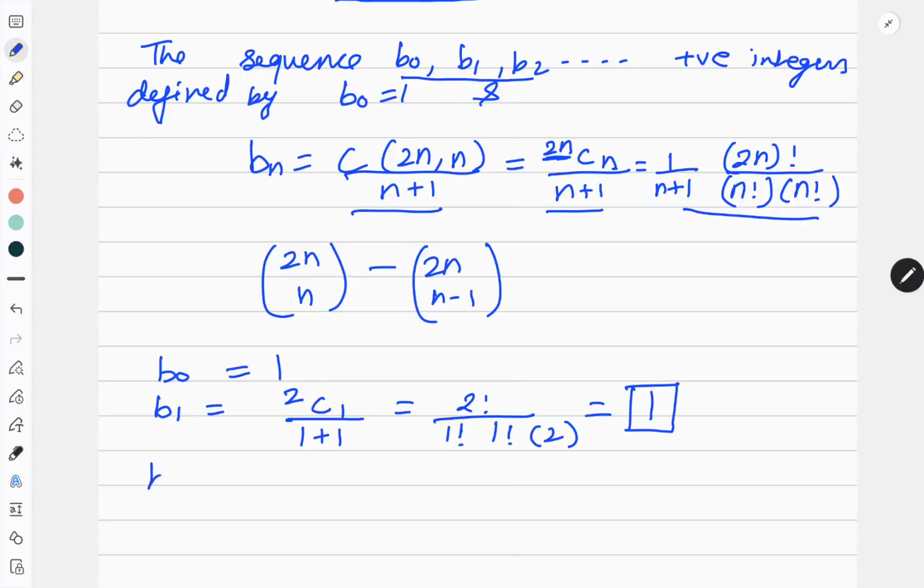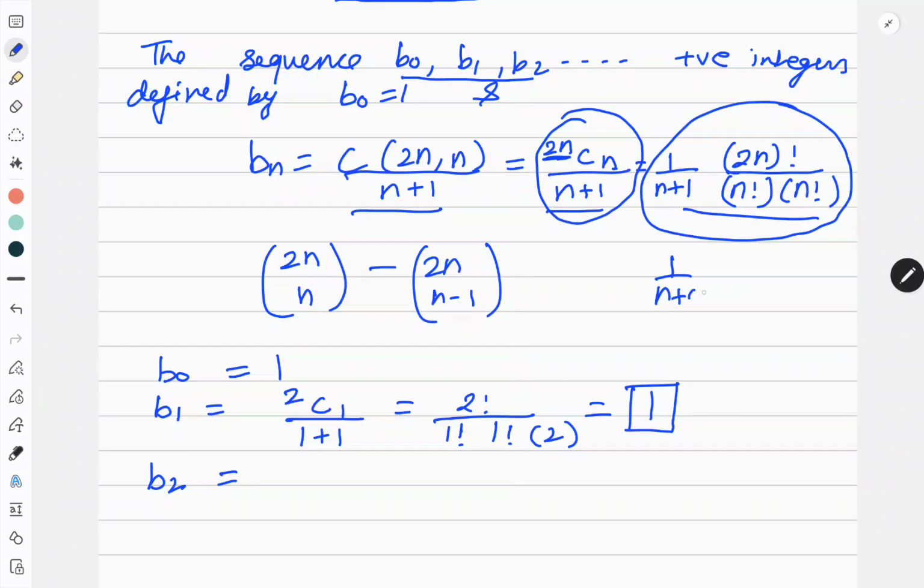Now if I want to find B2, how will I do it? You can use either this formula or this formula, whatever you prefer. Putting n equal to 2, I'll have 4C2 upon 3, since 2 plus 1 is 3.